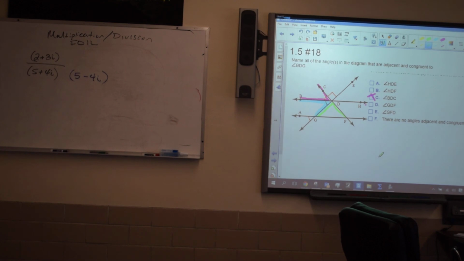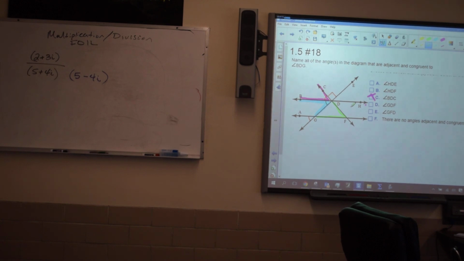Okay. Is that green one adjacent and congruent? No. Okay. So I don't mark that one. And then GFD would be that green one. Okay. And that's not adjacent to the blue one, right? Okay. So we don't mark that one. So right here for me, I only mark C.